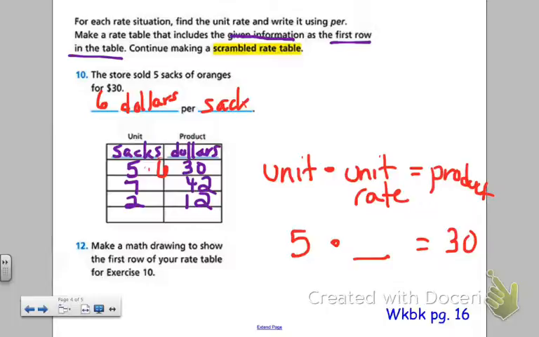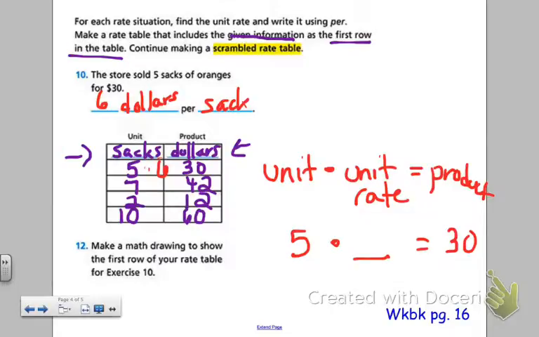What if I'm talking about 10 sacks of oranges? 10 times 6 is 60. So there's my scrambled rate table. You can see that sacks is the unit, dollars is the product, and my unit rate, the amount for 1 sack, is $6 per sack.